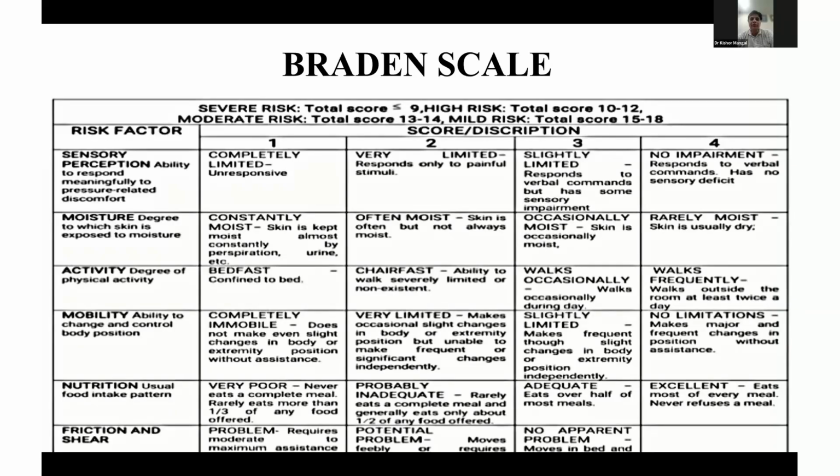But we understand from all these slides and the information available that these scales are going to tell you about the risk factors. More than that, they sensitize the nursing team that this patient is at higher risk and we have to be much more careful in managing and preventing the bed sore. That is the actual message that comes out from these scales.